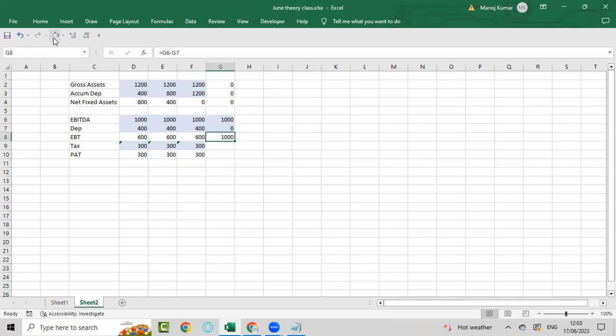EBT will be 1000, tax will be 500, profit will be 500. Sir, this is what is happening in financial reporting. In the final year, EBT is 1000, because there is no depreciation, because there is no asset.